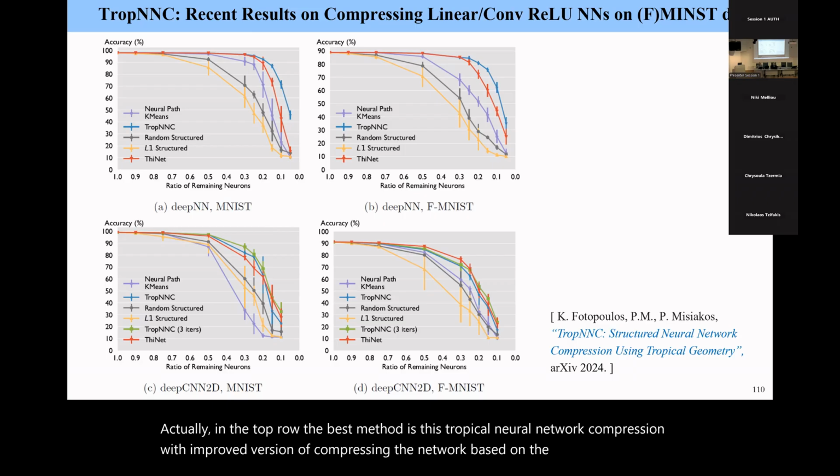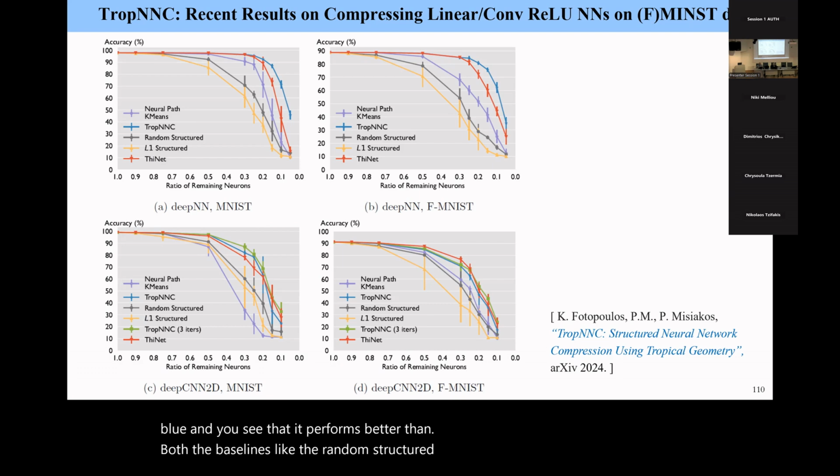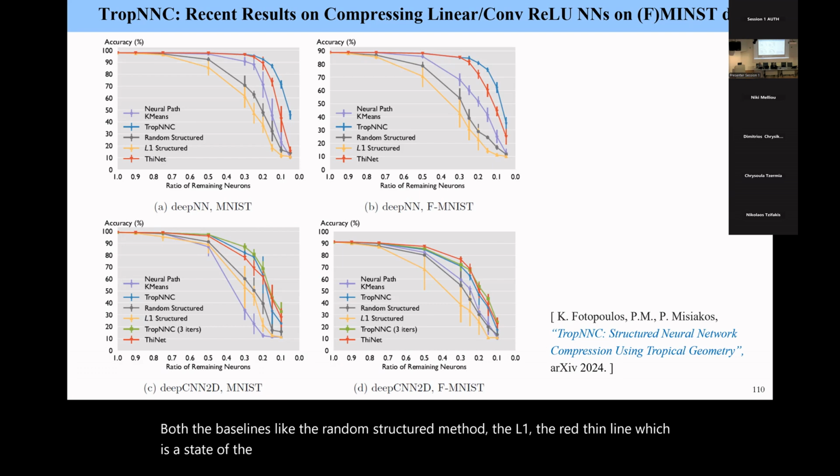It's in blue, and you see that it performs better than both the baselines, like the random structured method, the L1, the red thin line, which is a state-of-the-art method, and the previous neural path k-means. It performs better on linear networks as well as on convolution networks.